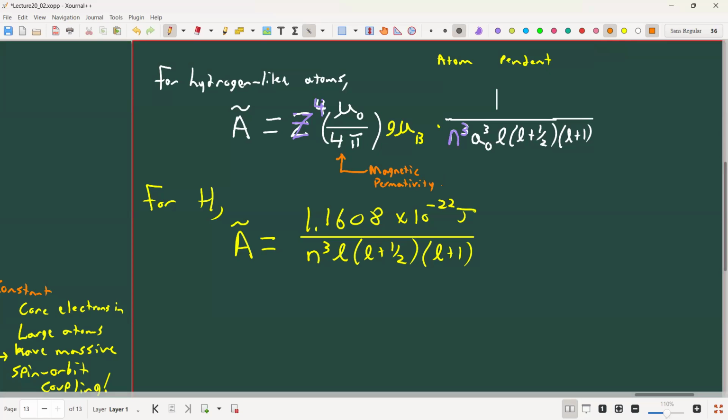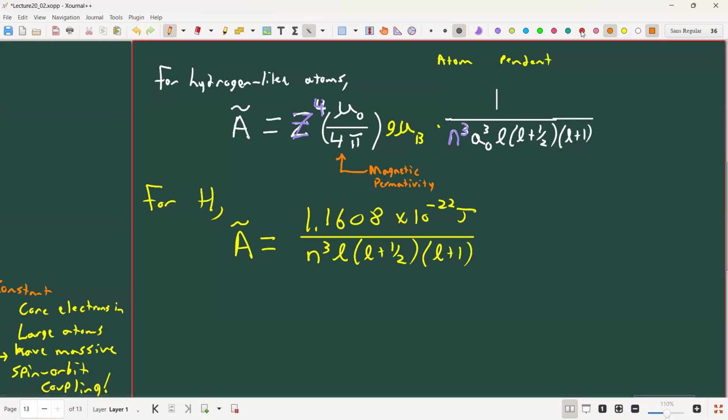Remember epsilon naught, the electric permittivity of free space, which we see in the hydrogen energy. That's the electric version. That's how able you are to transmit electrical force or electrical energy or voltage across a gap in the vacuum. Mu naught is the equivalent for magnetism, so it's related. How easy it is for things to transmit magnetic forces.